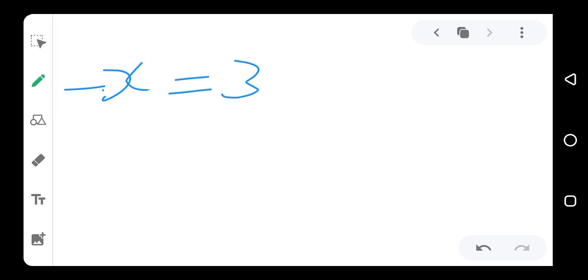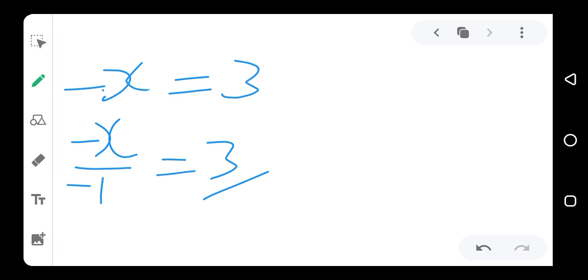So if you say minus x divided by -1 is equal to 3 divided by -1. In this way, x divided by 1 will give us x, and this minus divided by minus will give us plus. Now in the same way, we can also clear it by multiplying by -1.